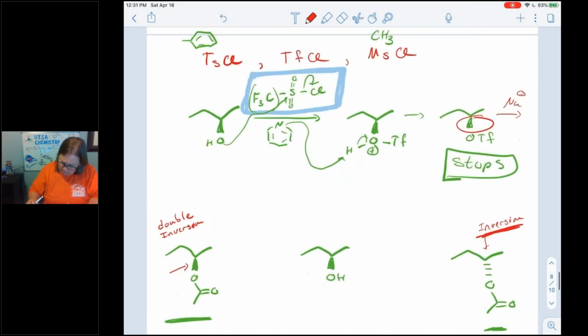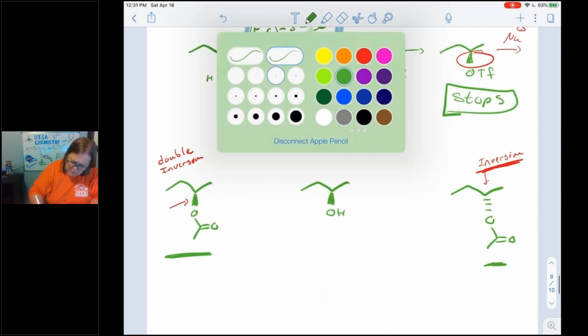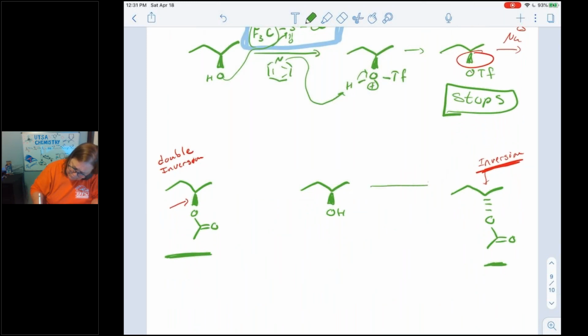And the way to approach this problem would be something like this, where I could do 1, TsCl, pyridine. Do not forget to add your 1s and your 2s. Second one, sodium acetate would probably not be a bad idea. And because it is secondary, you need to tell me that the solvent that you're choosing is polar aprotic.